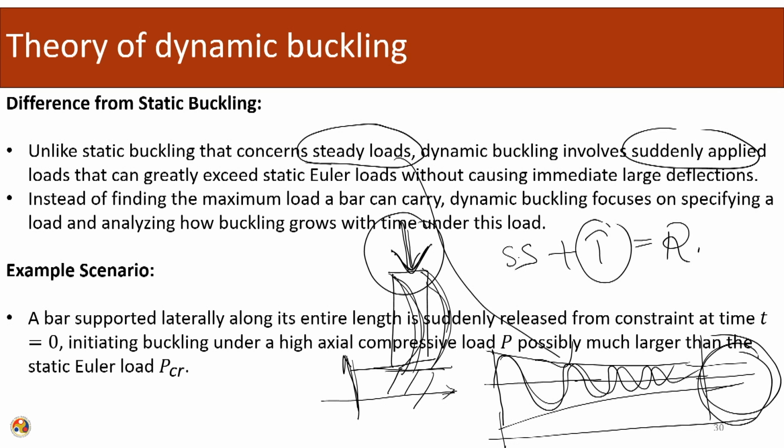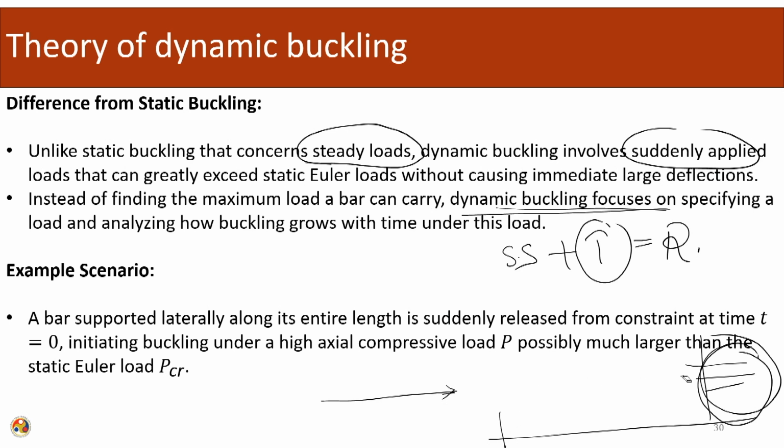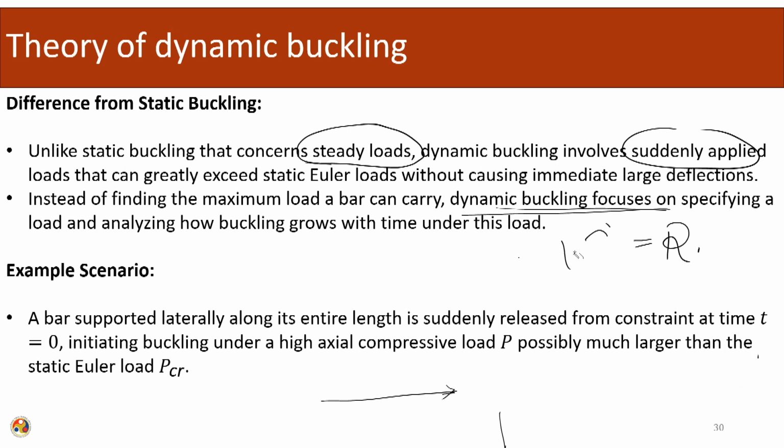But in the dynamic case we do not focus on the magnitude of the loading. We specify the growth of the buckling under any given loading condition. As the loading condition is varying with respect to time, how the buckling will emerge, or how it is going to propagate in the system. So, this is the difference between the static buckling load and the dynamic buckling analysis.